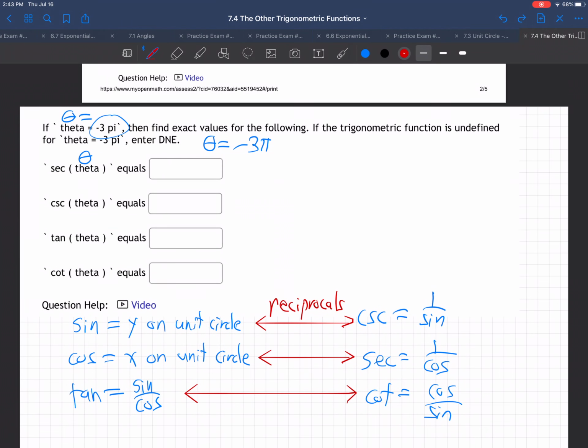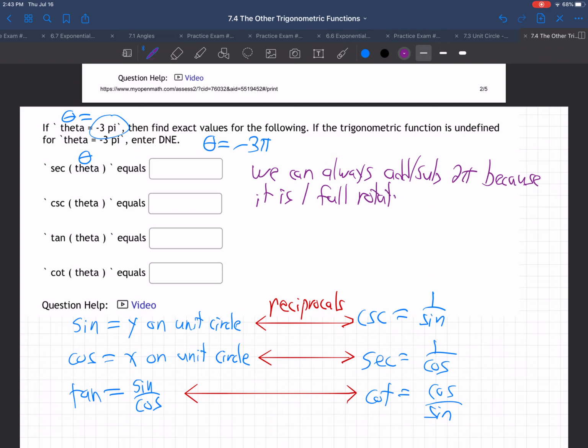Remember, you can always, let me write this out for us. We can always add or subtract 2 pi because it is 1 full rotation, so we end up at the same spot on the unit circle, right?